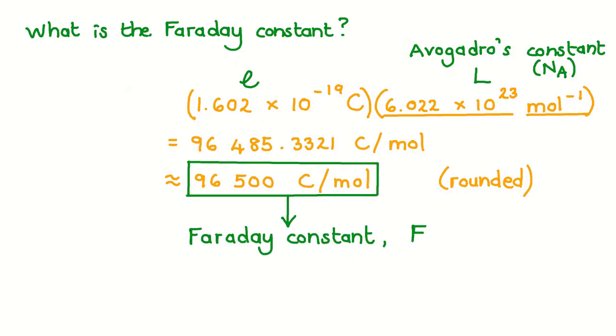This value is the Faraday constant, symbol F. So F is equal to the elementary charge multiplied by Avogadro's constant.